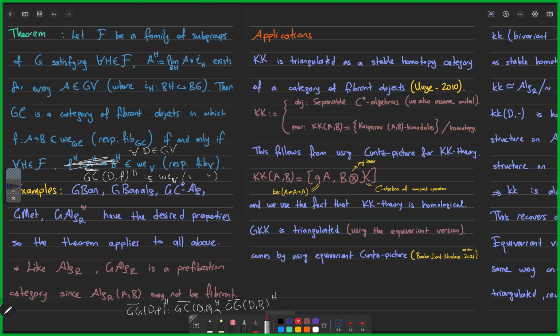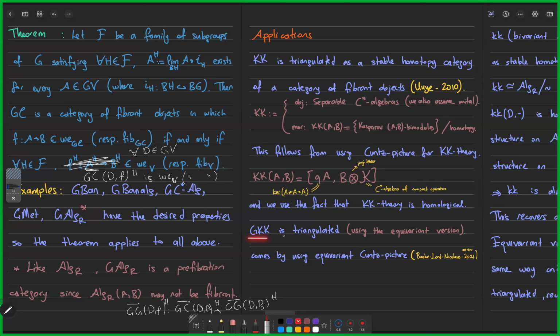And it can also be extended to GKK, the equivariant version of this, the category of equivariant Kasparov's K theory. Again, this can be done by using the equivariant version of Cuntz's picture, which is due to a paper by Phillips, again in 1987.